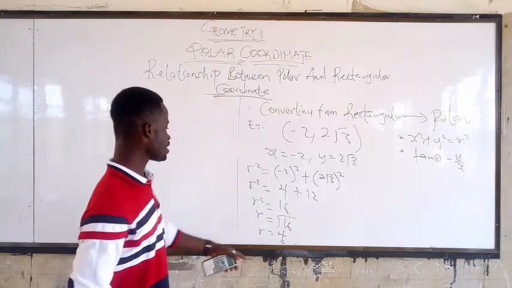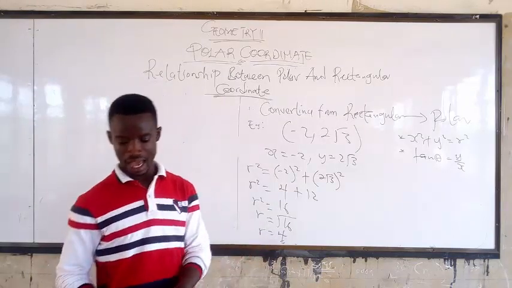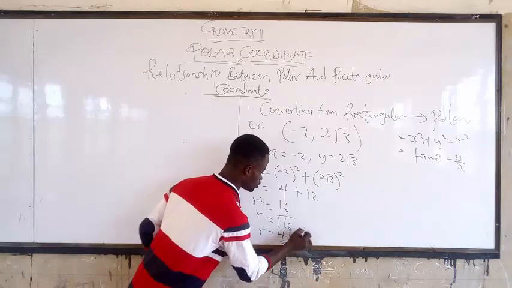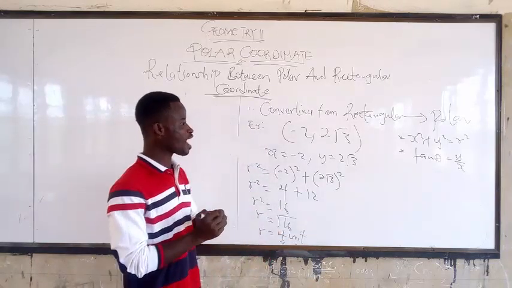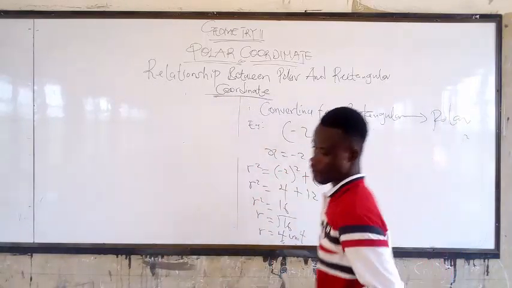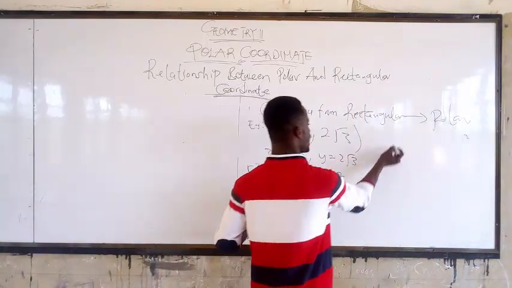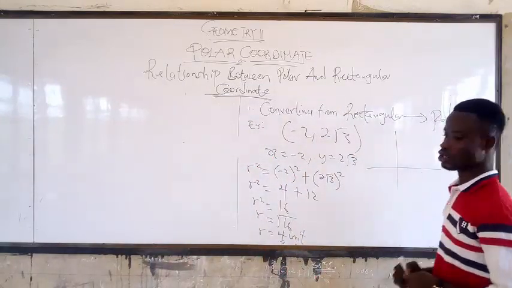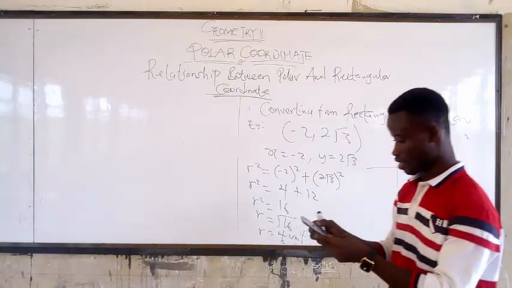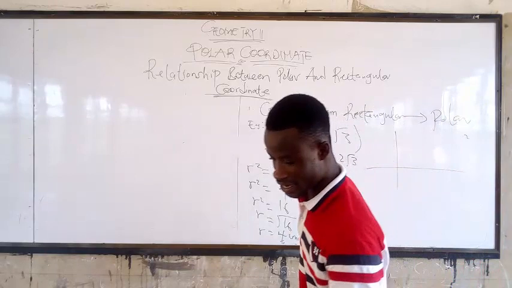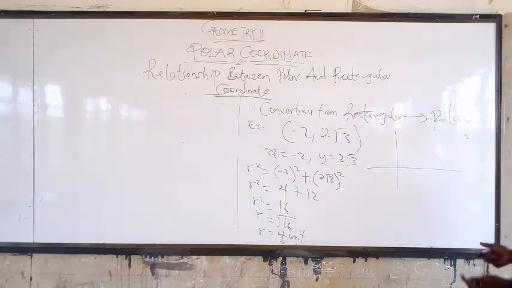Alright, so now we have r to be 4. Let's add a unit to it, 4 units. Then we now go and find our angle. Now, we want to plot this on the Cartesian plane. 2 root 3 is 3.4, so let's say 3.5.